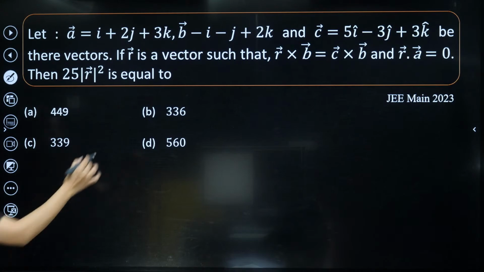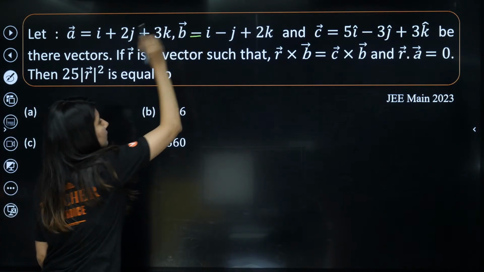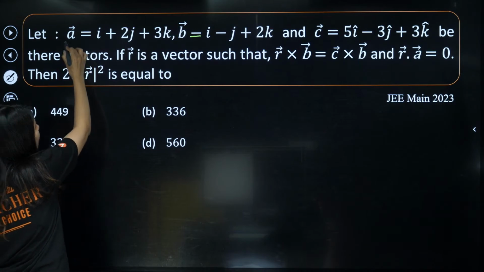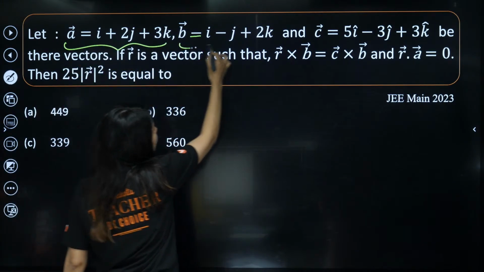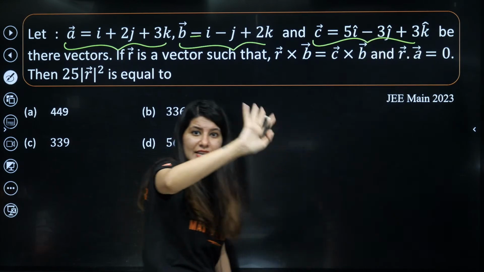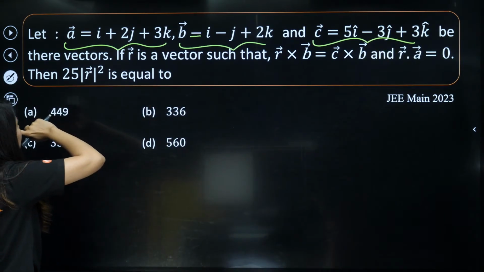So the question says we have A vector, we have B vector, and we have C vector as well. So all three vectors are given to us.